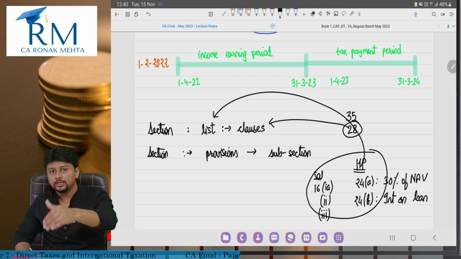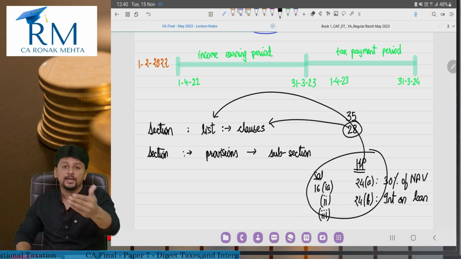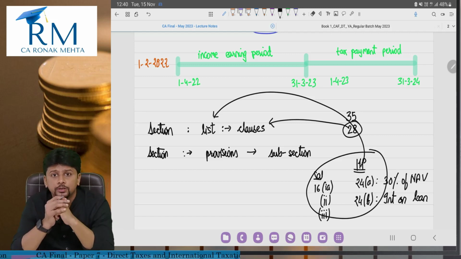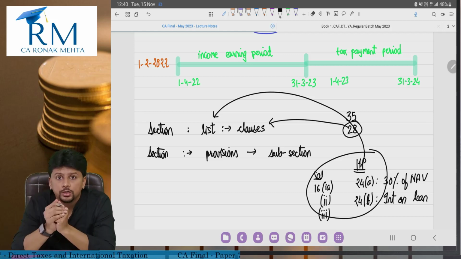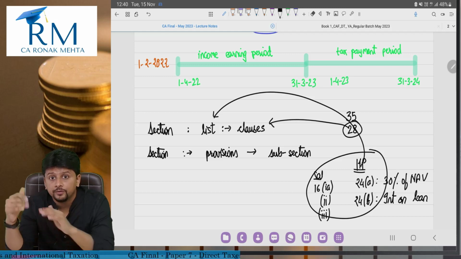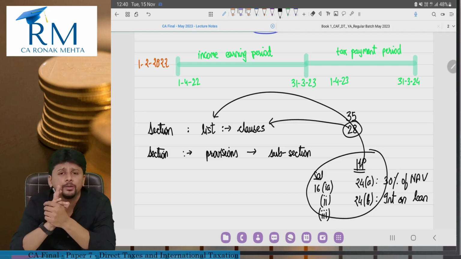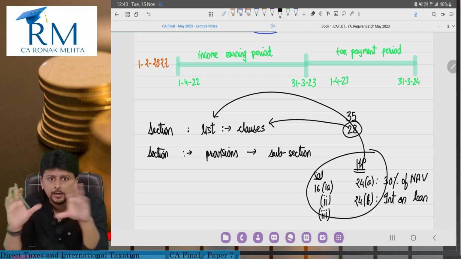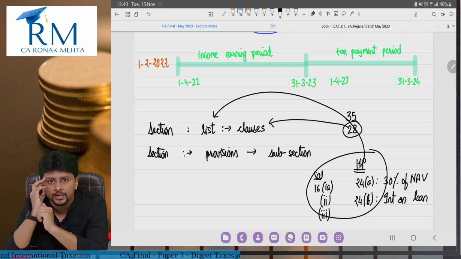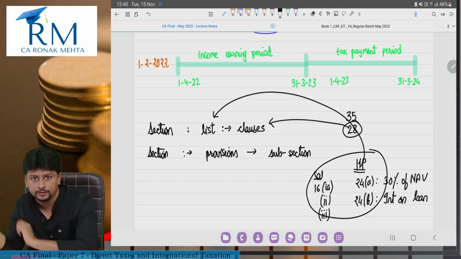But section 35, research, 37(1), general deduction, 35AD, capital expenditure on specified business, 48, computation of capital gains, 45, charging section of PGBP. All these are subsection numbers. In all these sections, you will have subsection numbers. General nomenclature that everybody understands is section, uske baad subsection, uske baad clause.